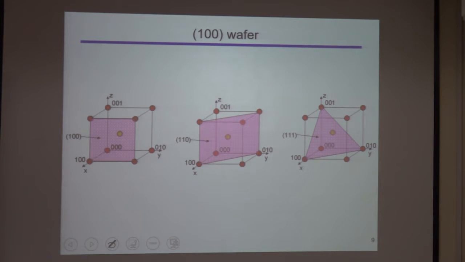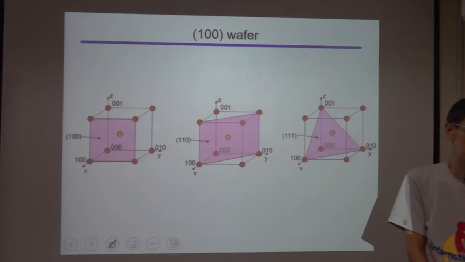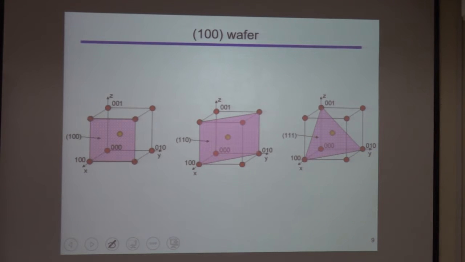So, Ethan, why is this surface the 110 surface? The normal vector of the surface is 110. Okay, good.